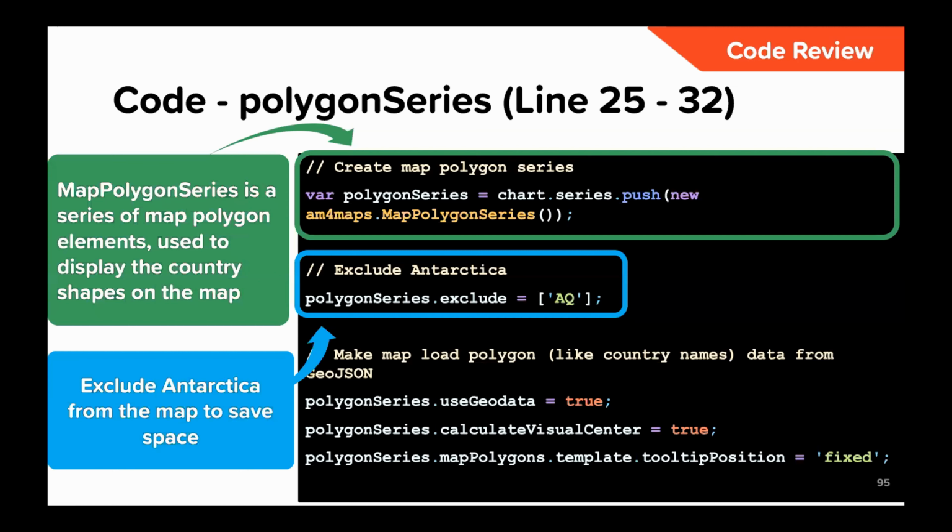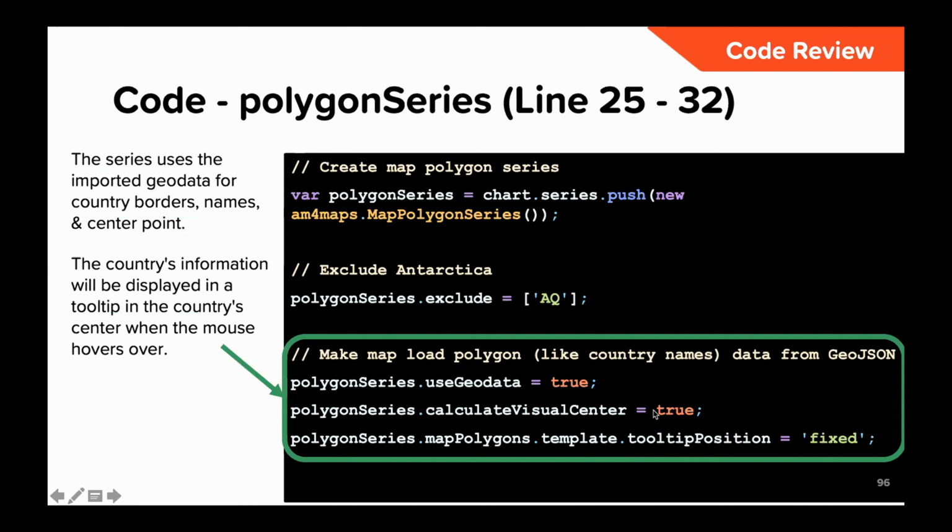Okay, so from here, we want to be able to display the country shapes on the map so that we can hover over them. We've already got this polygon series that's been pre-formatted for us. This is what amCharts provides. We're going to exclude Antarctica. And from there, we're going to configure these settings some more.